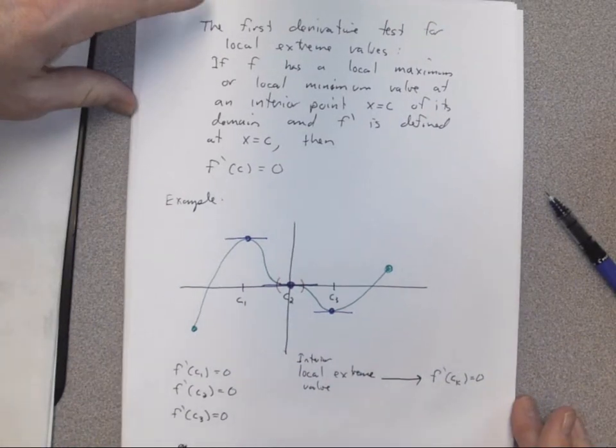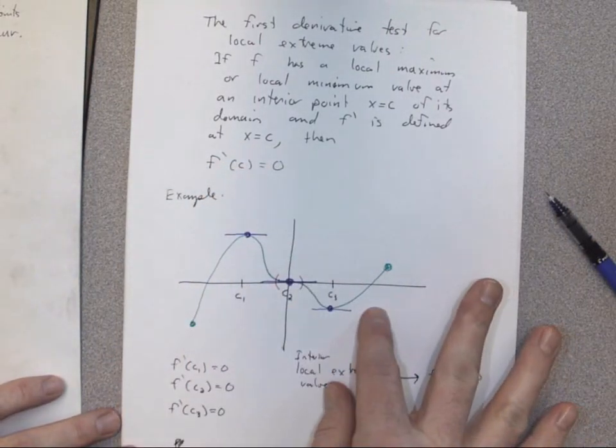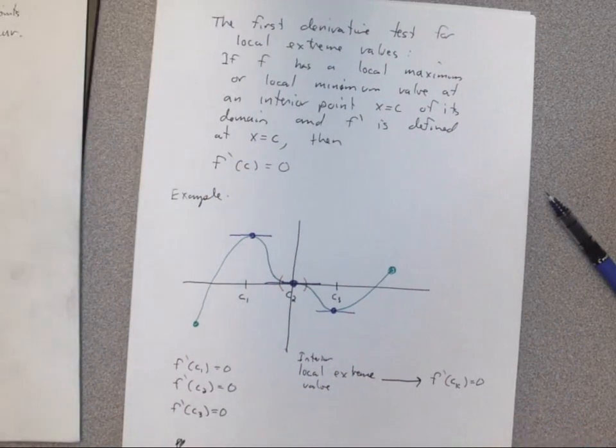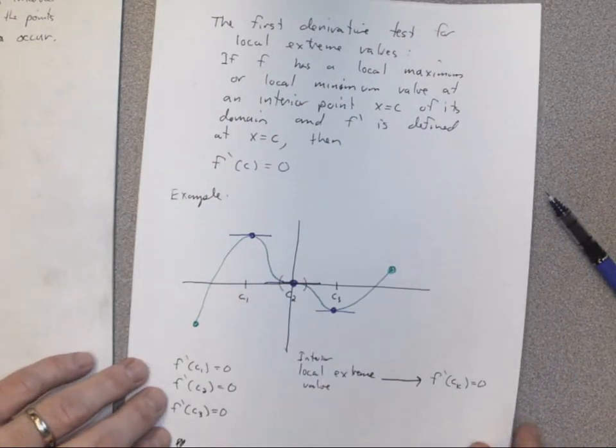We're going to use this to our advantage to find our interior local maxes and mins, but it's not going to definitely give it to us. We're going to have to verify that they are indeed extreme values.